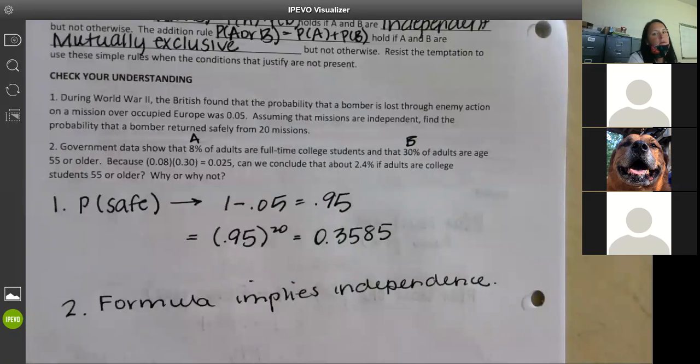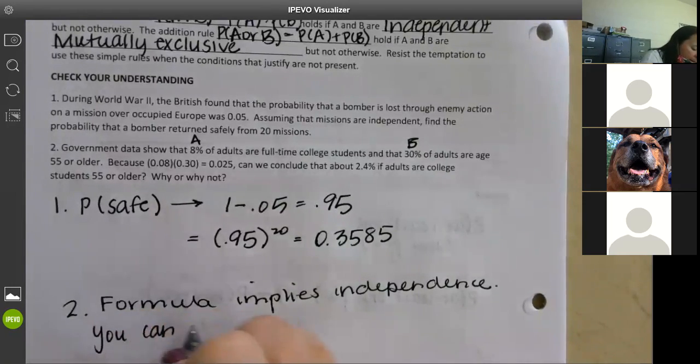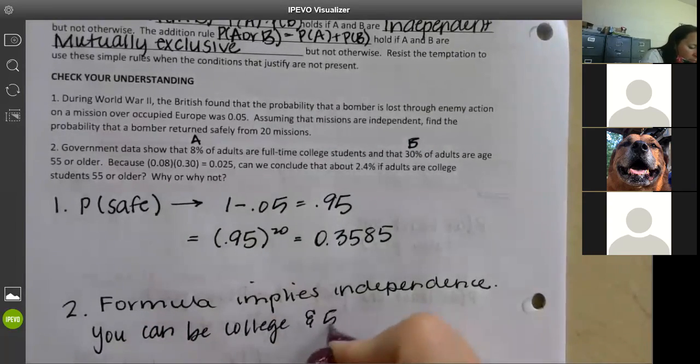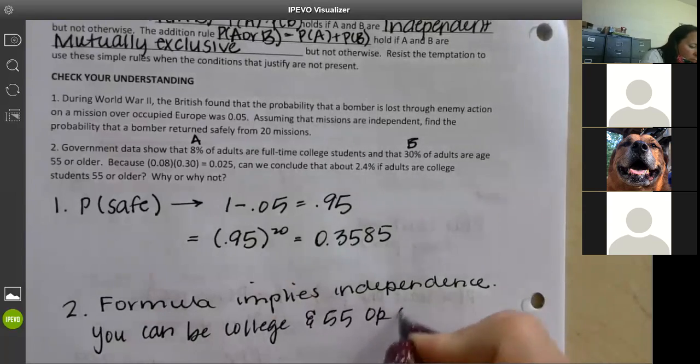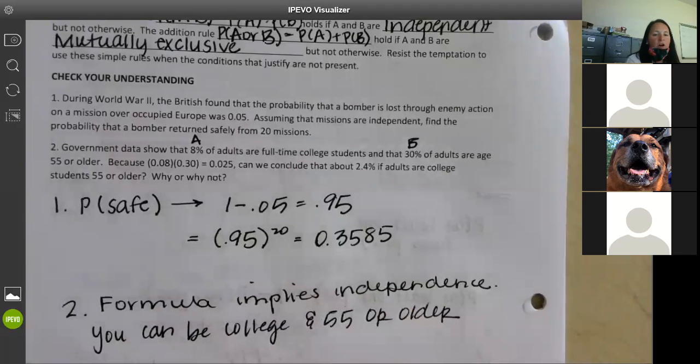Why or why not? Because you can be a college student and 55 or older. Remember, this right here is more of a mutually exclusive definition. We don't want them to overlap. So watch what you say here.